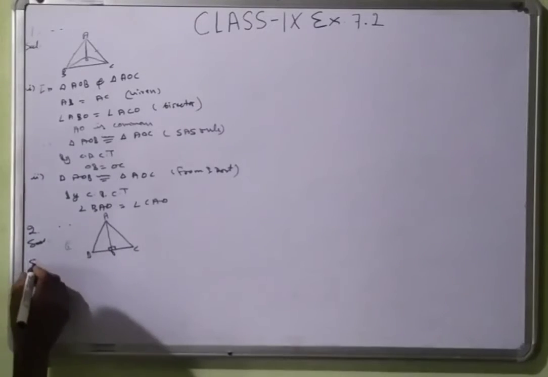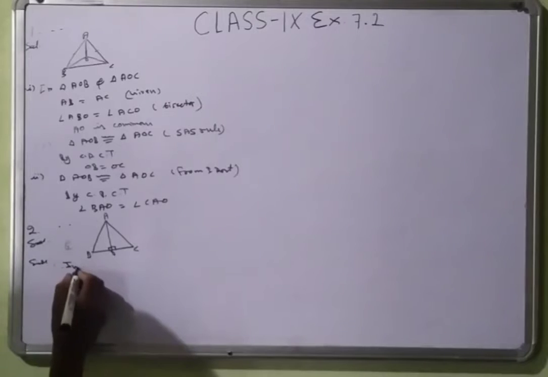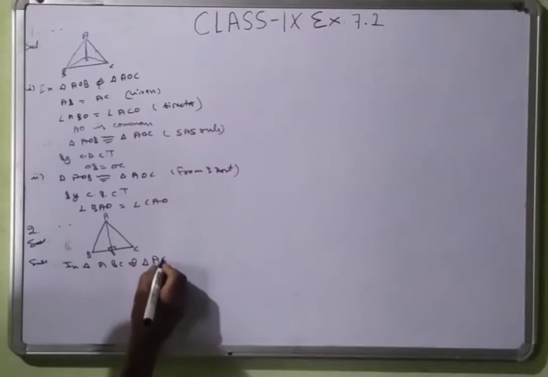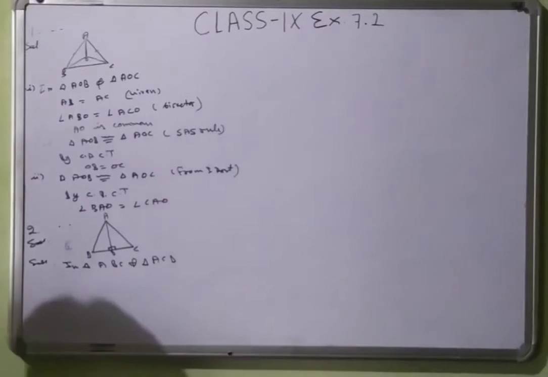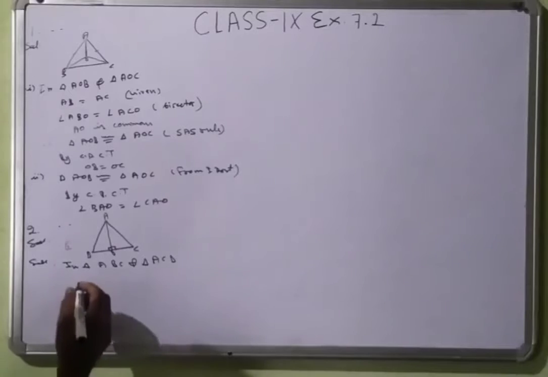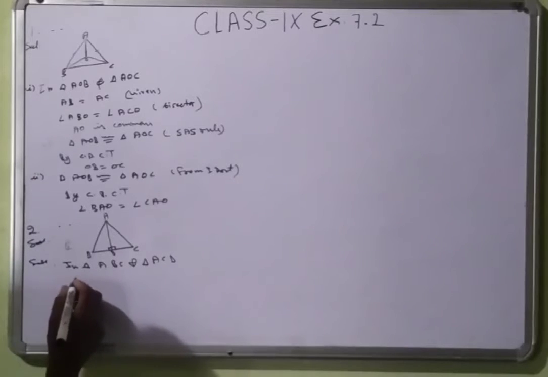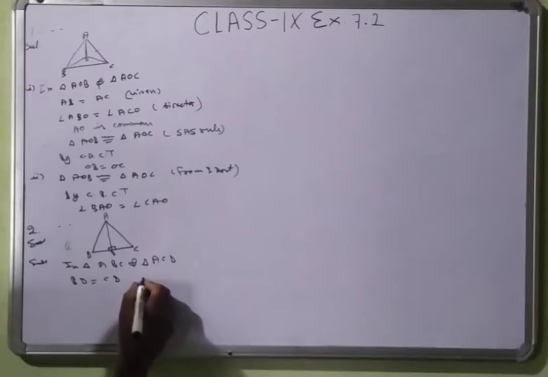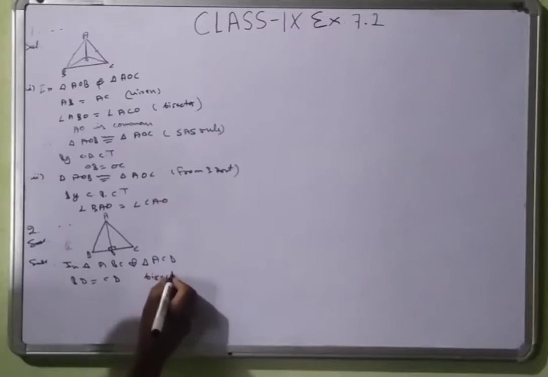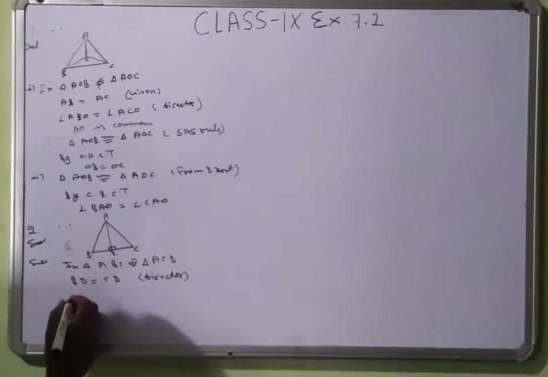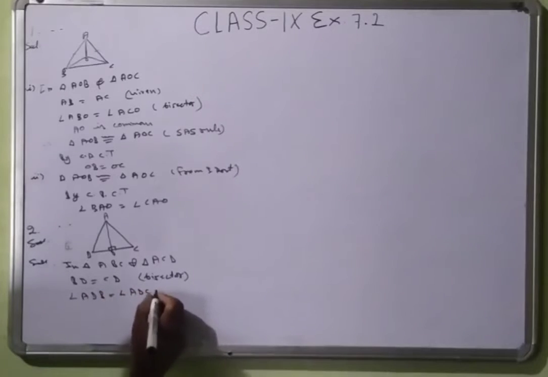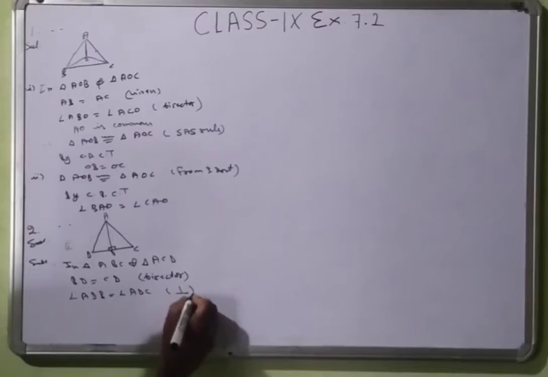So solution. In triangle ABD and triangle ACD, BD is equal to CD by bisector, as given there. Angle ADB is equal to angle ADC by perpendicular, right?